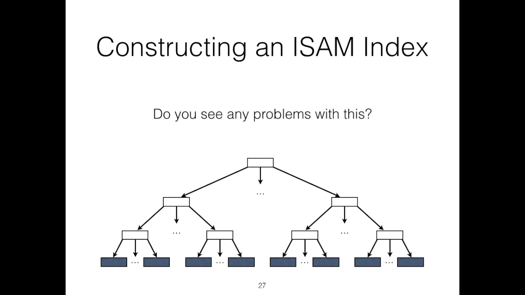Maybe I'll put this another way. If I have all of my data in a sorted list, that's good for some things, not so good for others. What are some pros and cons? Insertion. How do I do insertion into this?